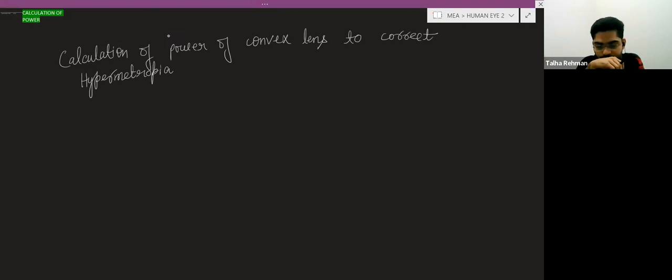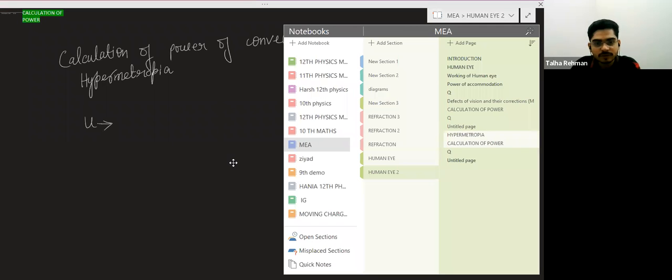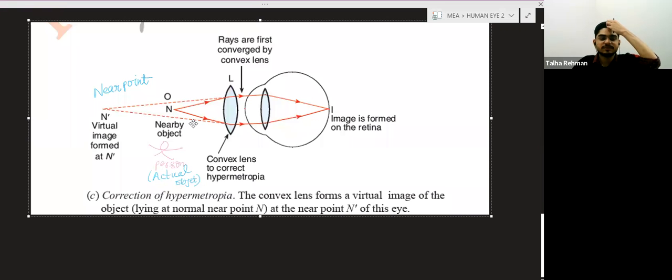Okay, in this case, see this picture. What will be the image, what will be the object distance?